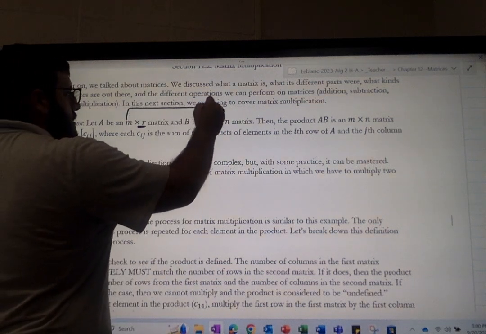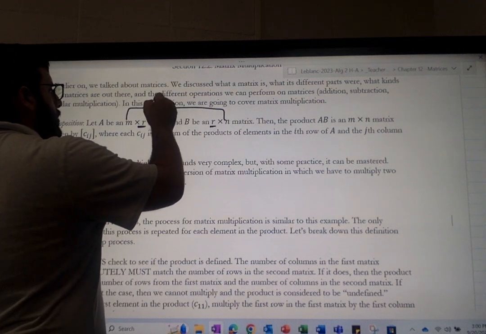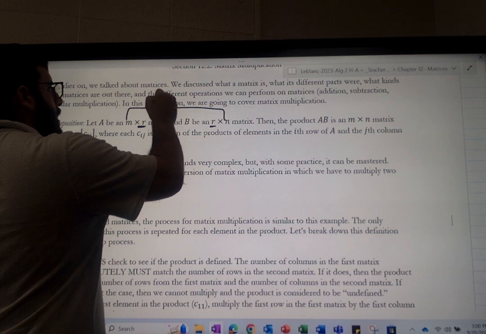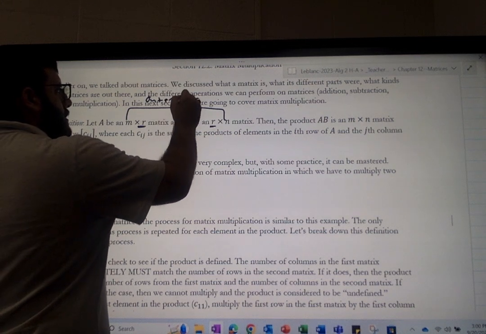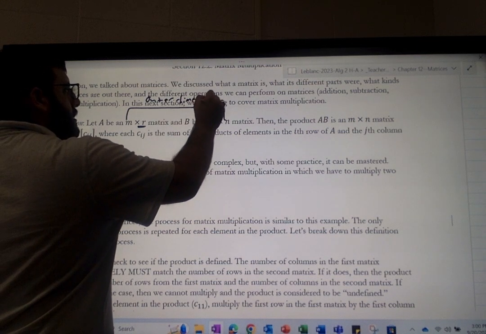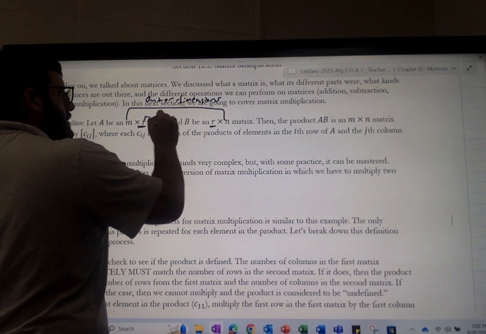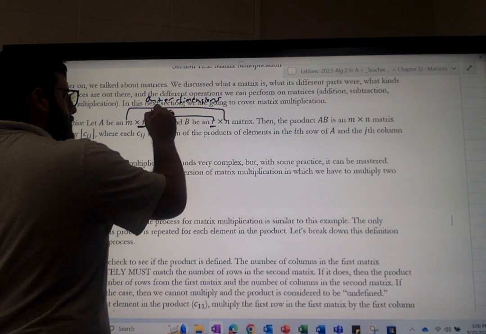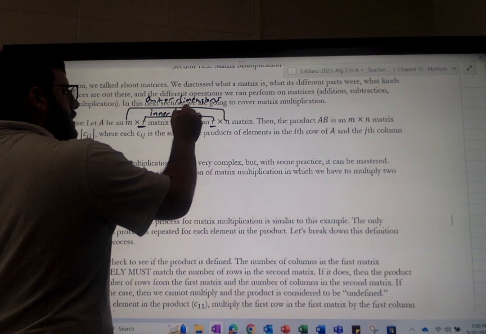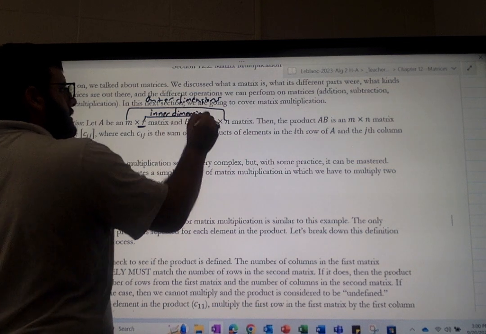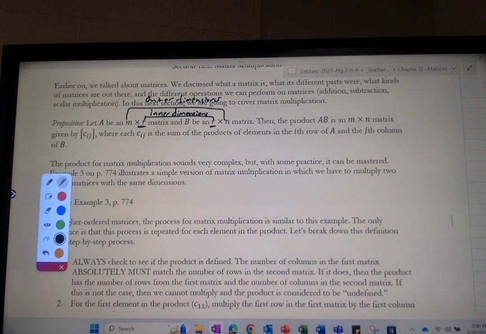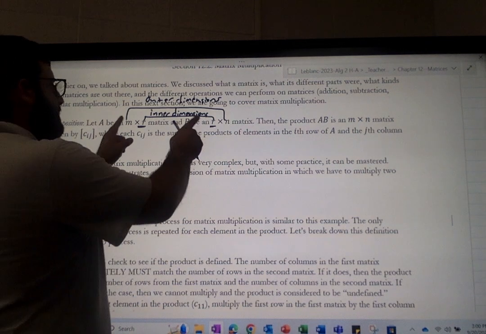M and N, we'll call those outer dimensions. And then the R's here we'll call the inner dimensions. To help make it easier to remember. In order for two matrices to be able to be multiplied together, their inner dimensions have to match.